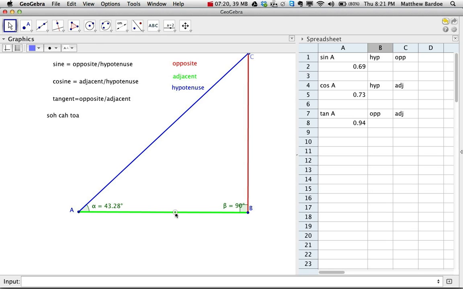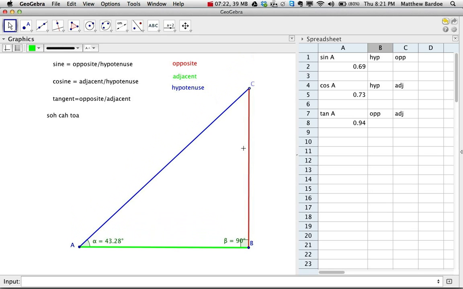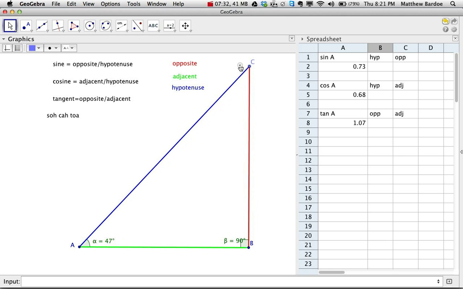In fact, since sine and cosine are over the hypotenuse, and the hypotenuse is always the longest side, tangent is the only one that can be more than 1. And if tangent's more than 1, it means that the opposite side is bigger than the adjacent.